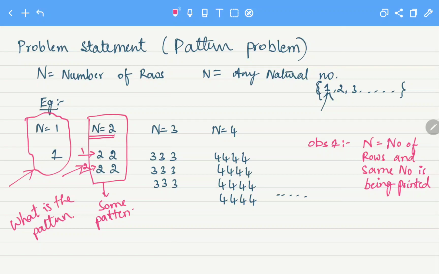Like if you have n as 2, you are printing 2 for all the 2 rows. Now the first observation is done.